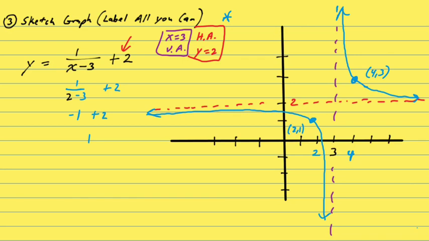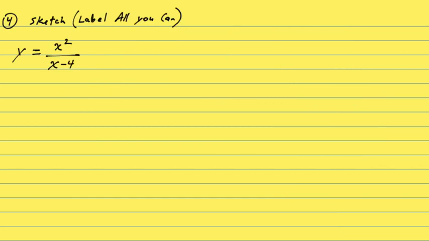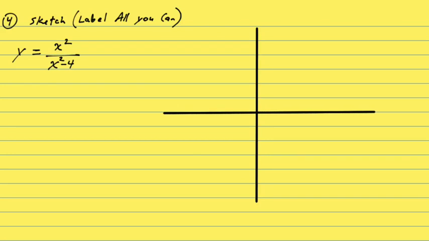Okay, now we're going to graph a little more complicated rational function right here. I'm sorry, I want to have x squared minus 4 on the bottom. I apologize. Otherwise, it would have had a slant asymptote, and I do not wish to do that to anybody right now. Maybe a bonus. But what value makes the bottom 0?